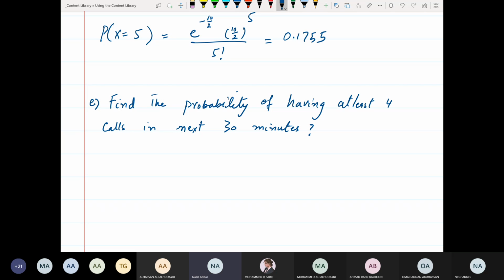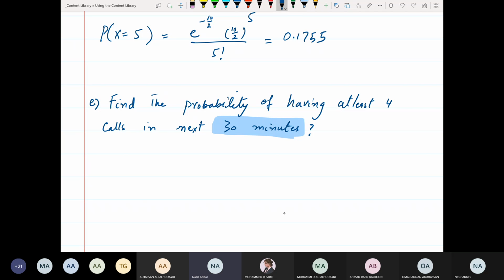Now there are a few tricks in this question. One trick is about the unit. We have already played with this unit in the previous question. The unit is 30 minutes. So one trick is to identify the lambda per 30 minutes.